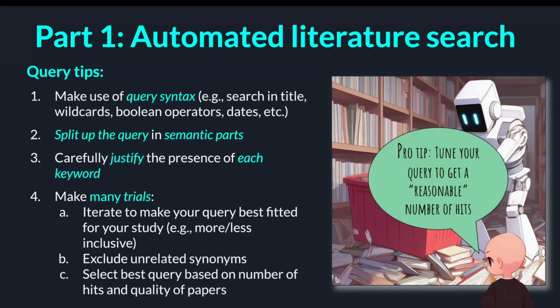Power tip: you have to watch out to tune your query in a way that you get a reasonable number of hits. I won't say 150 is good, because it depends. But if you get multiple thousands, then maybe you want to refine your query or even go back to your tutor and say, hey, this is too big of a field.